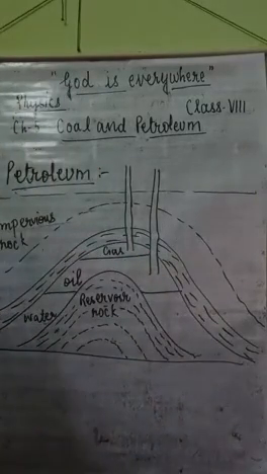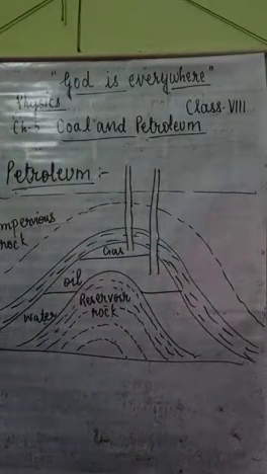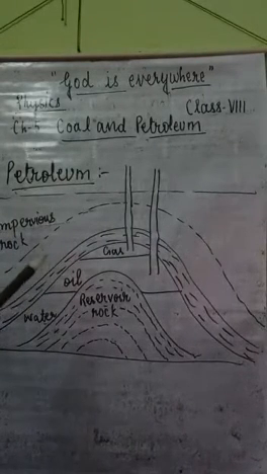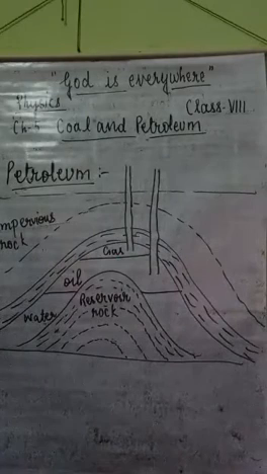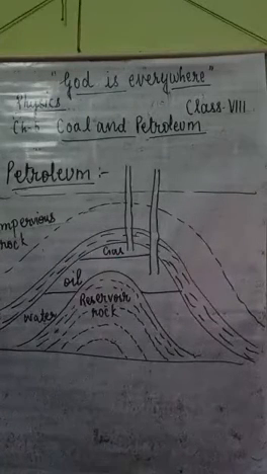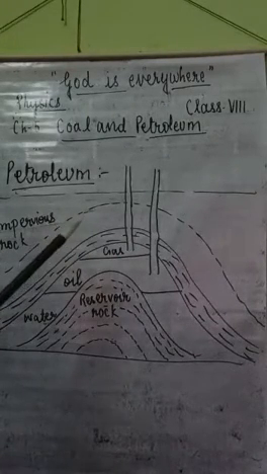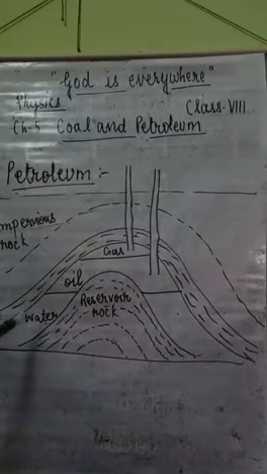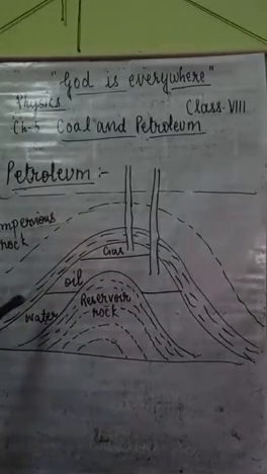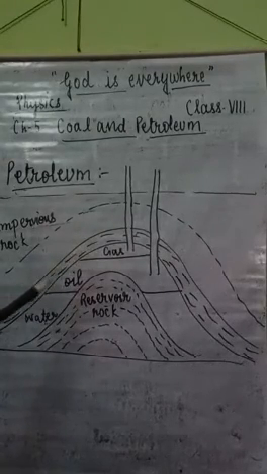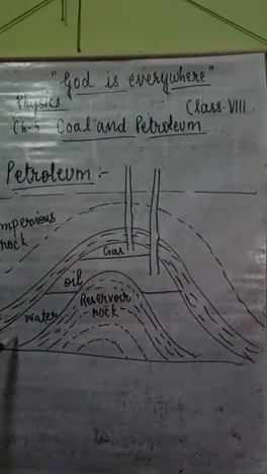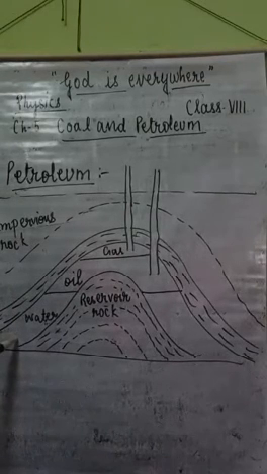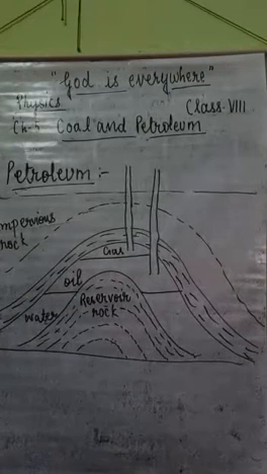Look at this figure. This figure shows the deposits of petroleum and natural gas. Here you can see the layer of oil and gas above the water, because oil and gas are lighter than water and do not mix with it.